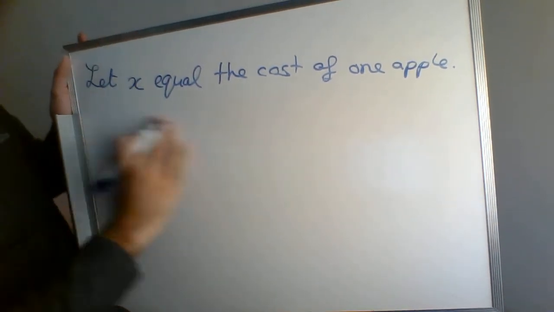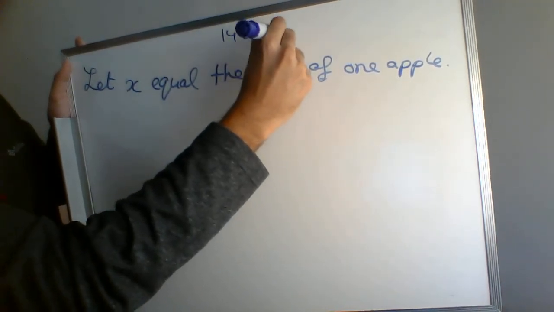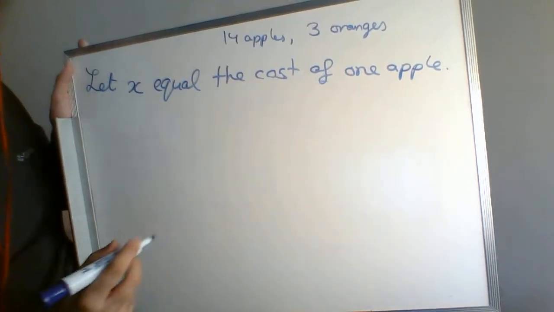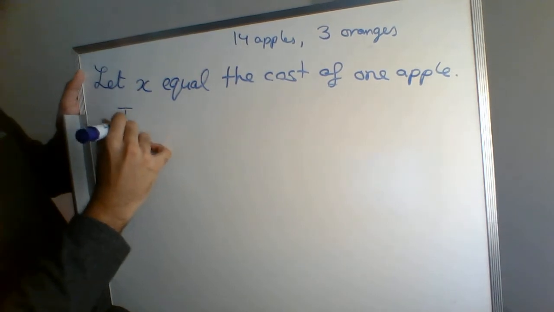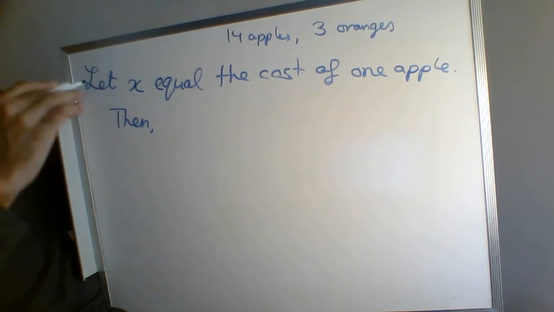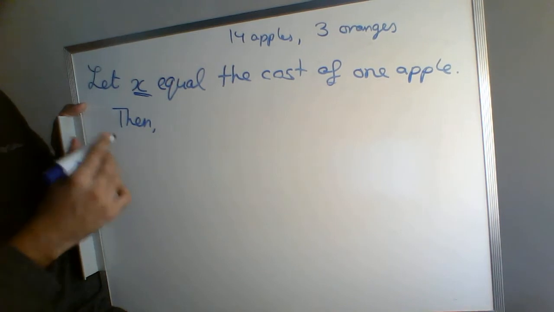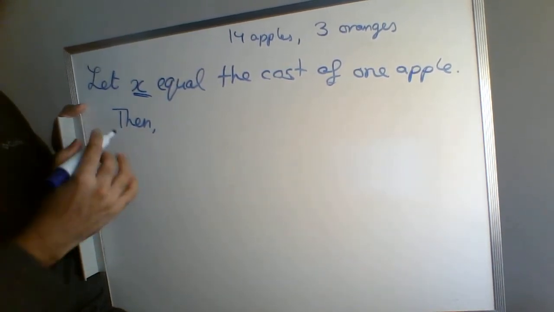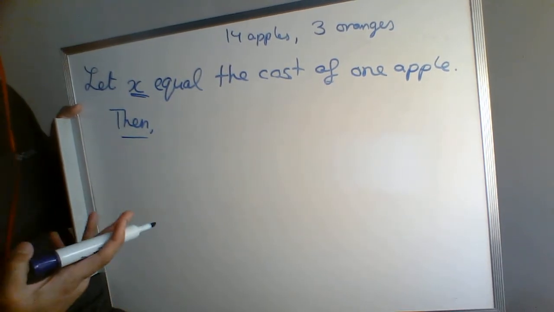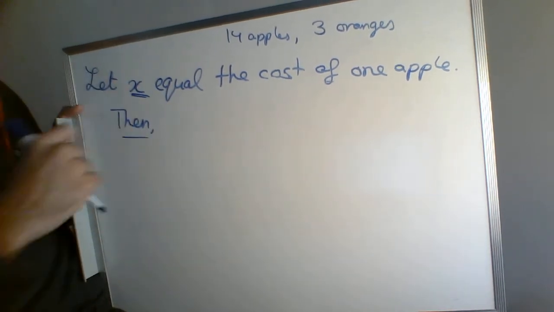If x is the cost of one apple, we know we're buying 14 apples and 3 oranges. It's just a little note for us to return to later. You don't really have to do it this way, but I advise you to: after you write your let statement, where you're telling people what the variable actually represents, follow up with a sentence that begins with the word then, and write down something that's useful for solving the problem, preferably using something from your let statement.